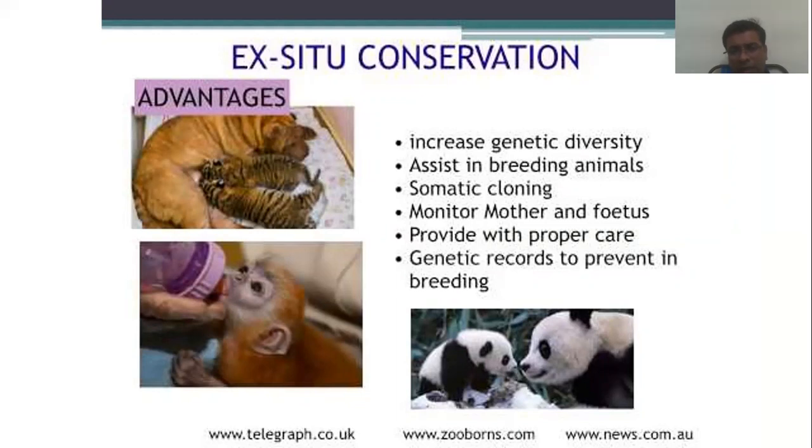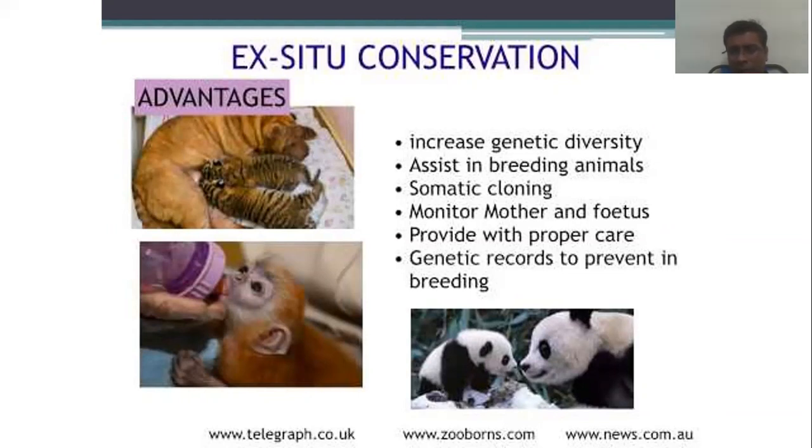It increases genetic diversity and assists in breeding animals. These animals are continuously monitored for genetic records to prevent inbreeding. Everything is possible because of ex situ conservation. This conservation takes place within the laboratory and controlled environmental conditions, such as gene sanctuaries, bird sanctuaries, the gene bank or bird bank, or in the zoological park.